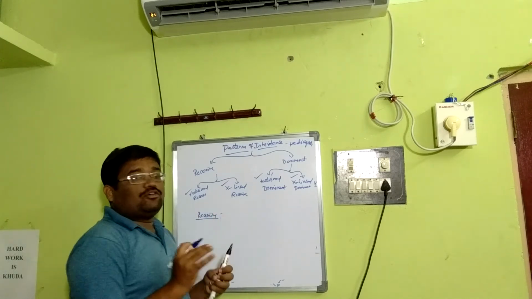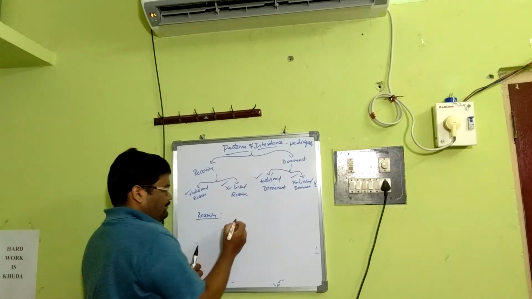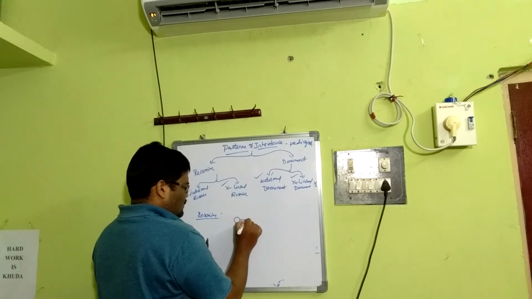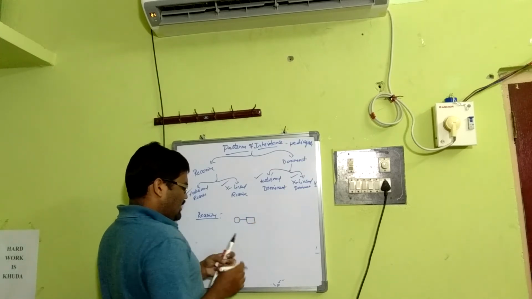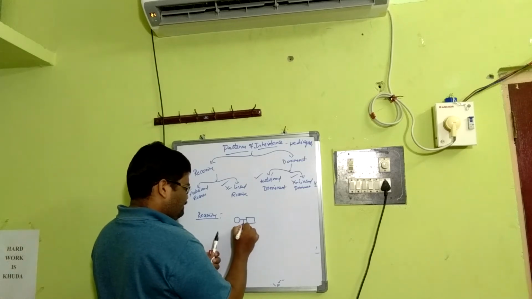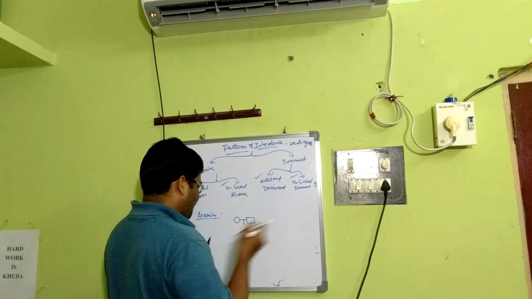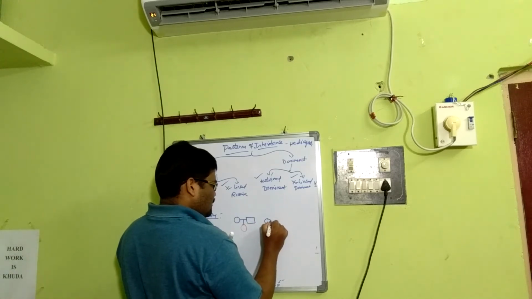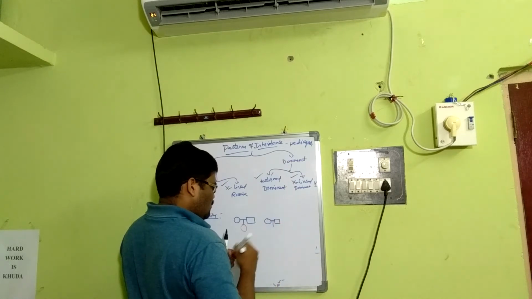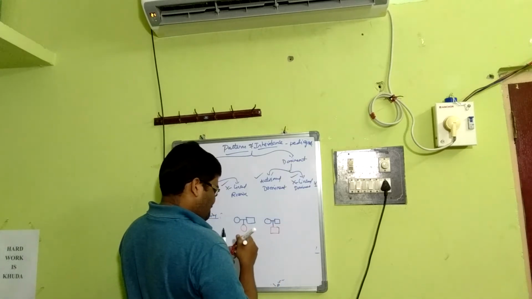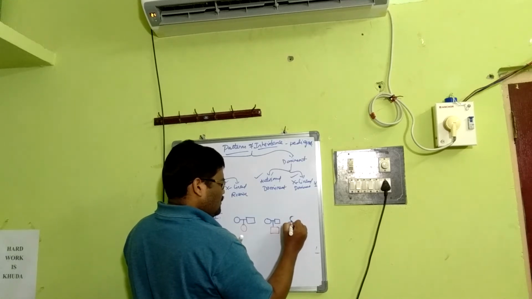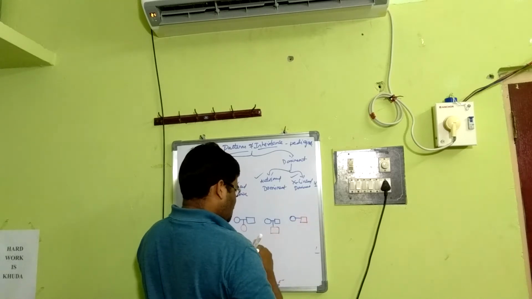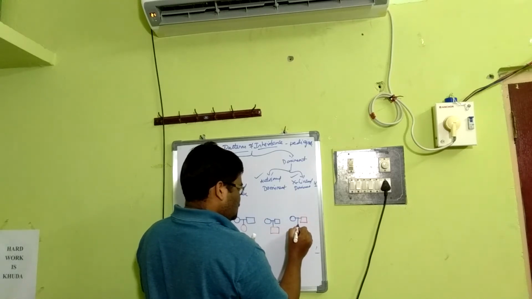What is the general pattern of inheritance in recessive? Say for instance, these are a couple, that means mating parents, and they may have either this or this or this.